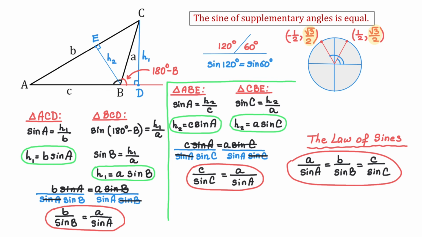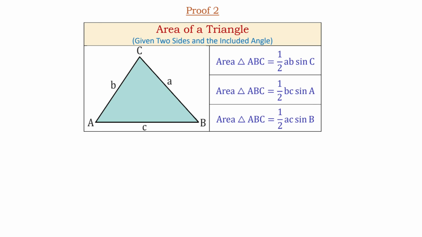So this was the first proof, and now let's see the second proof. For this, we will use the formula for the area of a triangle given two sides and the included angle.